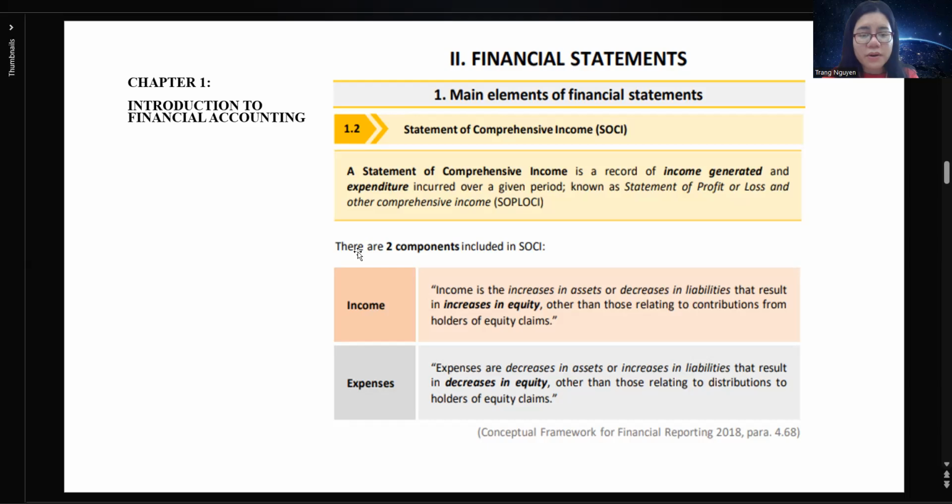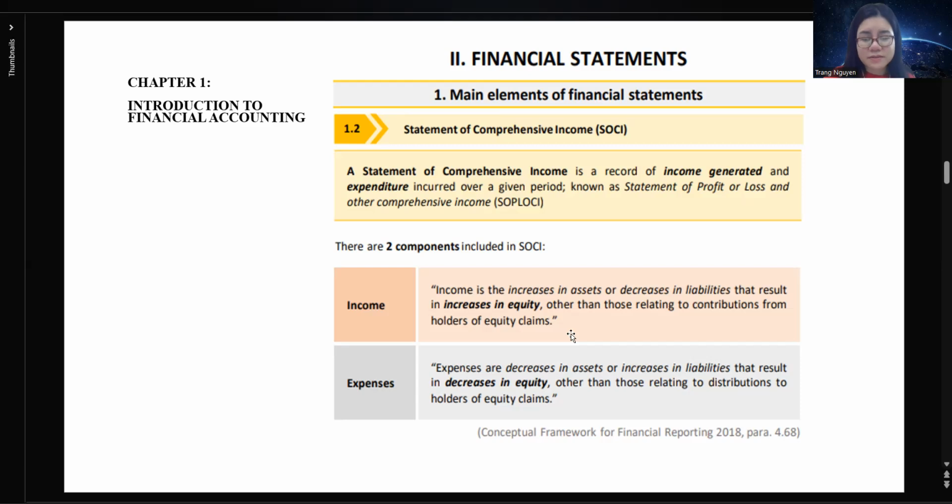SOPL/OCI. There are 2 components included in SOCI, which are income and expenses. Income is increases in assets or decreases in liabilities that result in increases in equity, other than those relating to contributions from holders of equity claims.